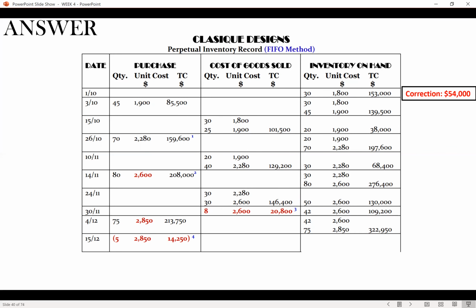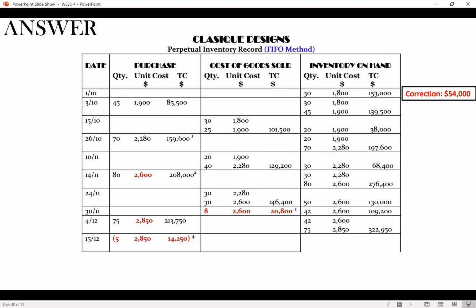And in accounting, we show that we're subtracting by putting figures in brackets, right? So this 5, to reduce purchases, we have to go back to our purchases column, put 5 at the price that we purchased it at, find the total cost there, putting it in brackets.